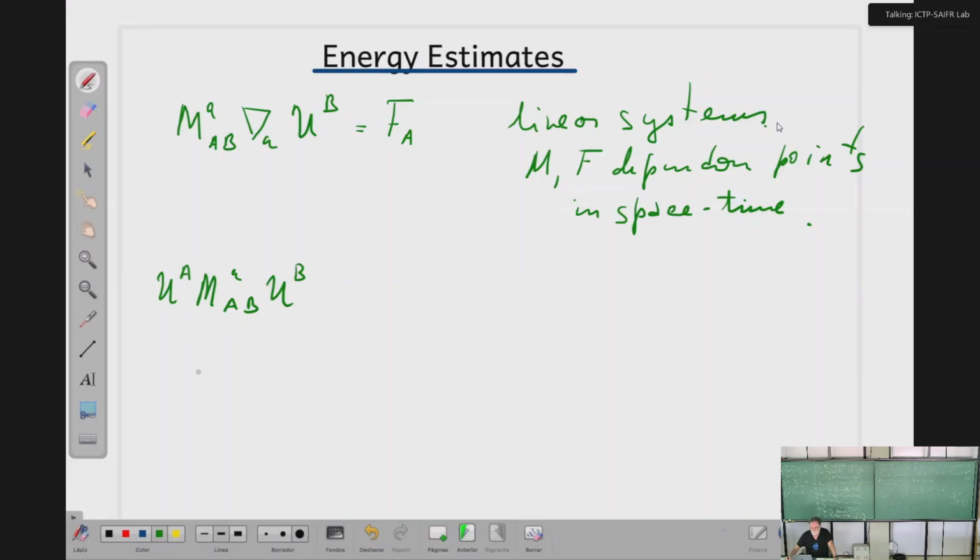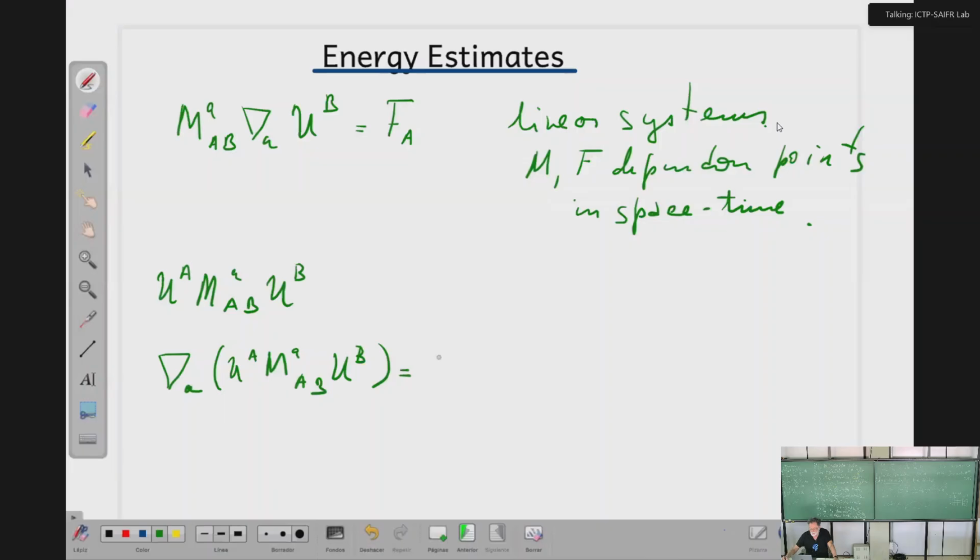And we take the divergence of this quantity. When we put the gradient here, we get the equation.